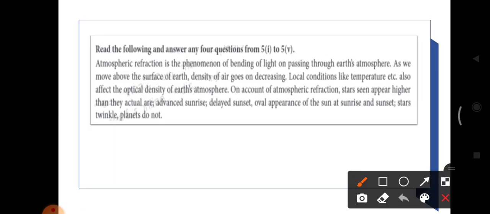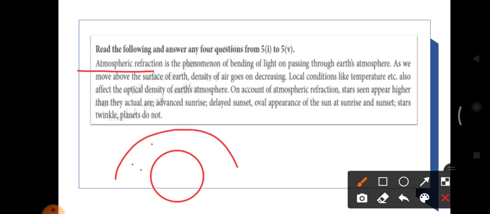Okay. First you have to know what is meant by atmospheric refraction. This is our Earth. It is made up of atmosphere. Not only is it a single layer, it contains many layers.